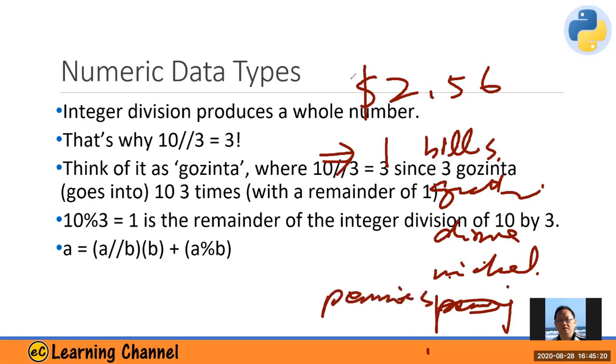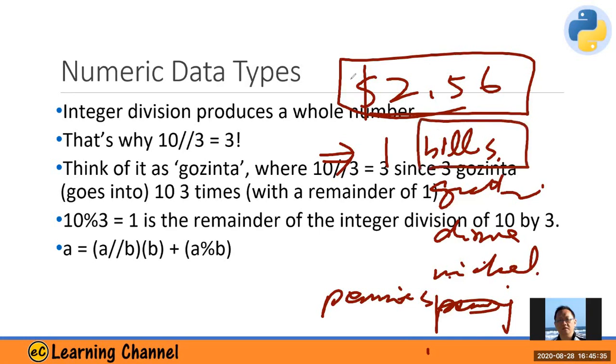This time I won't write the program to show you. Can you write a program to calculate just this simple number, 2.56? How many $1 bills will you have if I give you such change? How many dollar bills should I give you? How many quarters, how many dimes, and how many pennies do I need to give you?